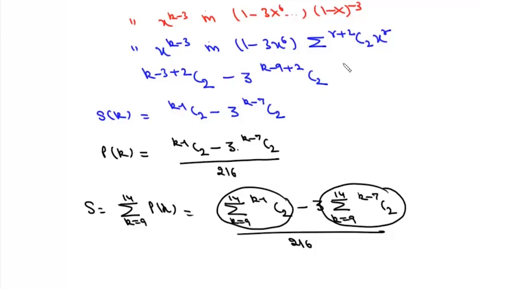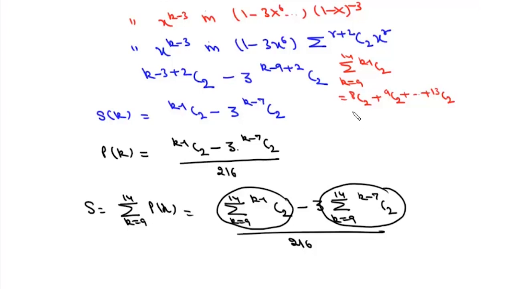Now if we look at this summation, which is the summation of k minus 1 C2 where k varies from 9 to 14, basically it will be 8C2 plus 9C2 up to 13C2.